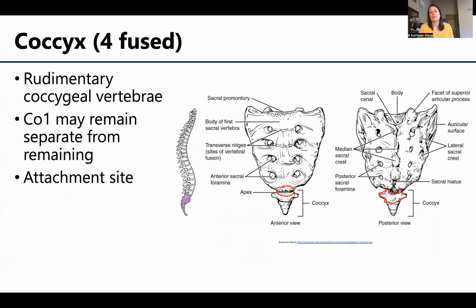Sometimes you don't have a complete fusion between the first coccygeal vertebra and the second through fourth. Generally, the second through fourth will fuse pretty distinctly. It's this first coccygeal vertebra that you're never quite sure exactly what it's doing, but it's going to be an important attachment site. You'll have muscles attaching there. You'll also have ligaments attaching there as well.